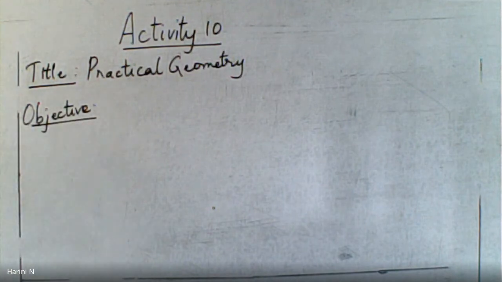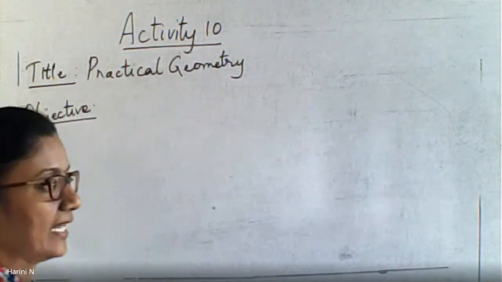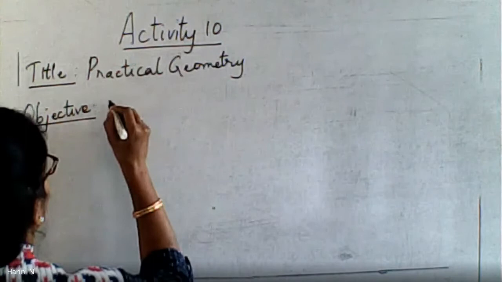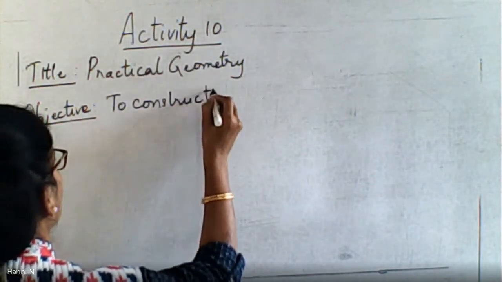My objective is to construct a rhombus when two of its diagonals are given.